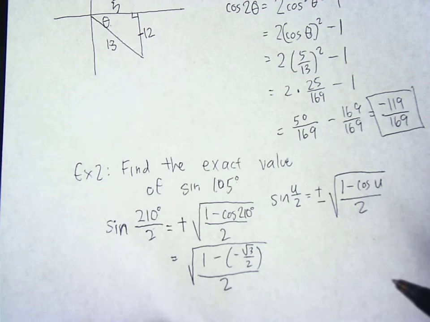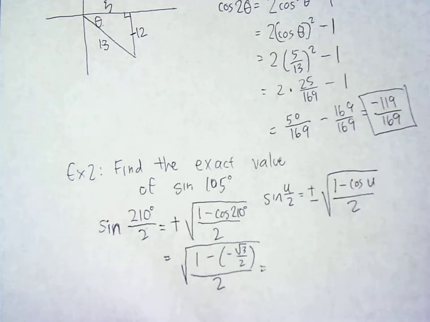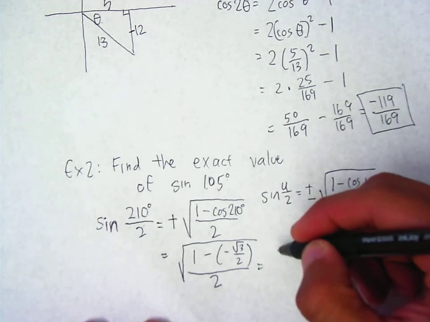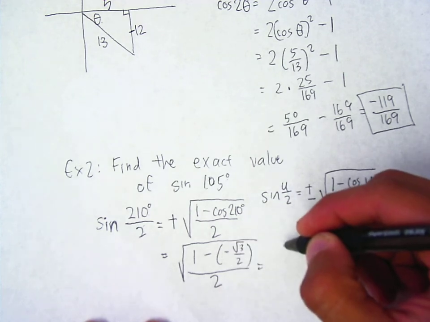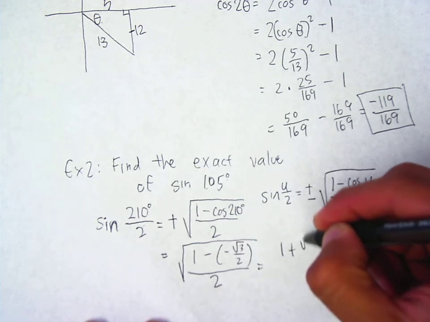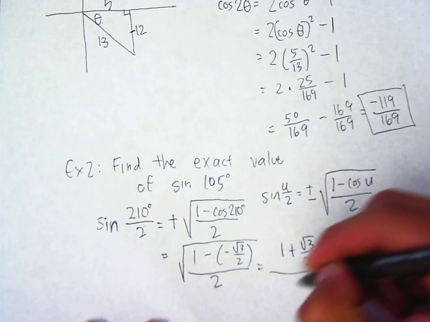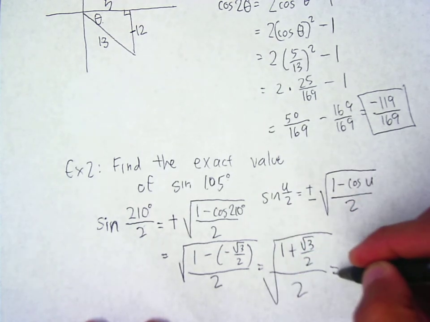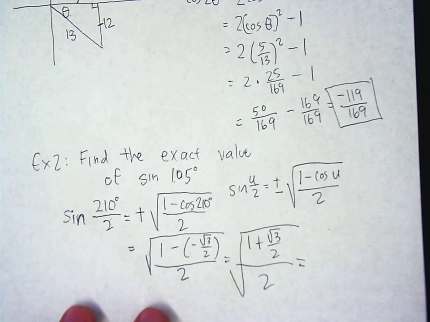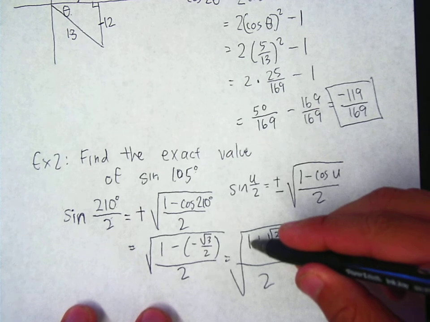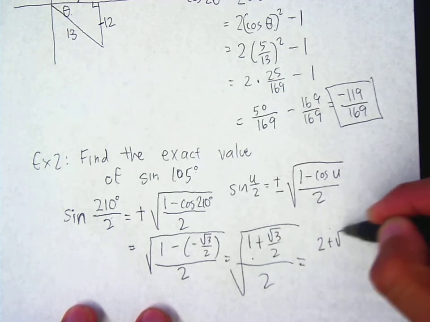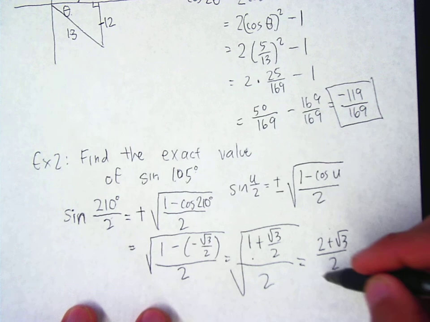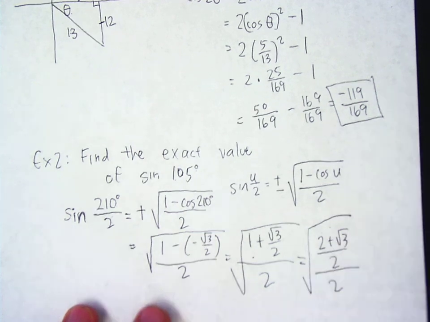And then from there, it's just some algebra. So I'm going to have 1 plus radical 3 over 2, so it'll be 1 plus radical 3 over 2 all over 2, square root. And then I'm going to get a common denominator, so this will be 2 over 2. So another way to write that would be 2 plus radical 3 over 2 all over 2.